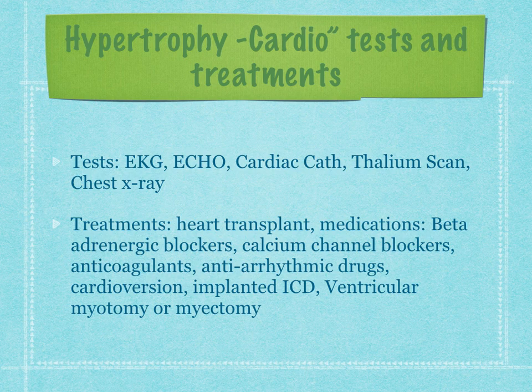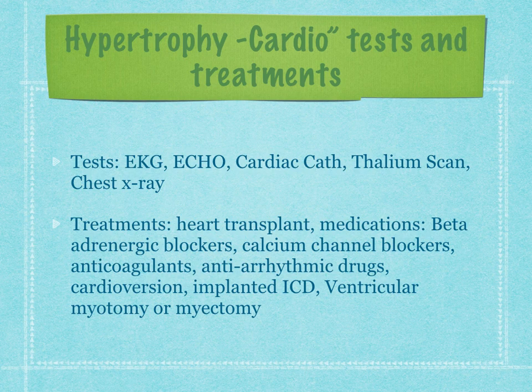Now, beta adrenergic blockers slow the heart rate, reduce the heart's oxygen demands, and increase the ventricular filling by relaxing the obstructing muscle. Calcium channel blockers increase the ventricular filling by relaxing the obstructing muscle.